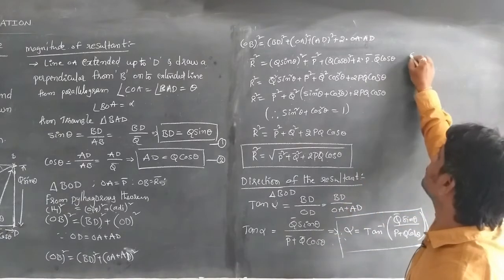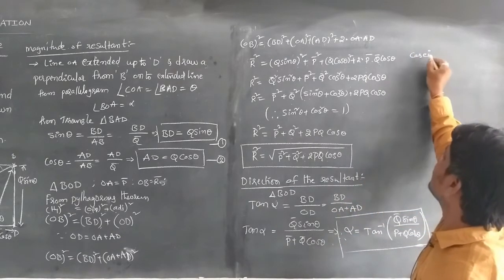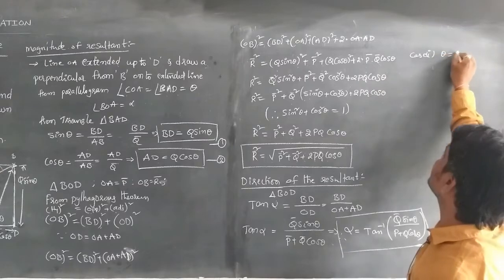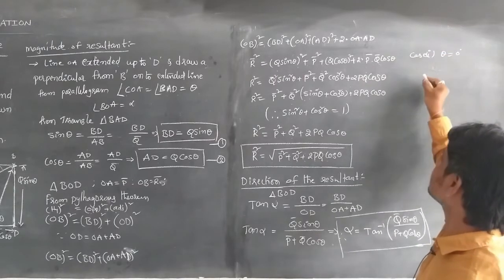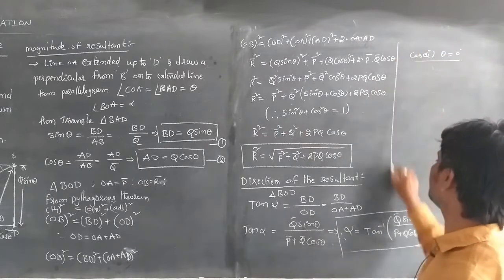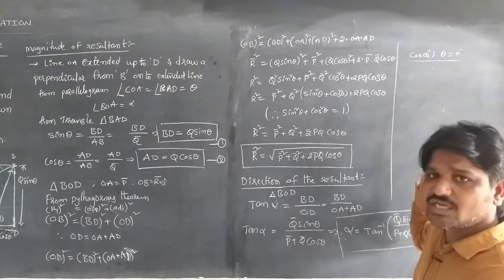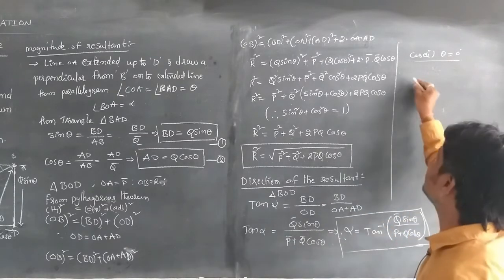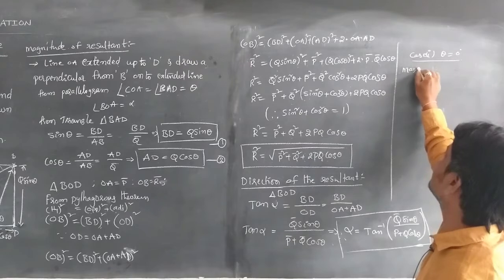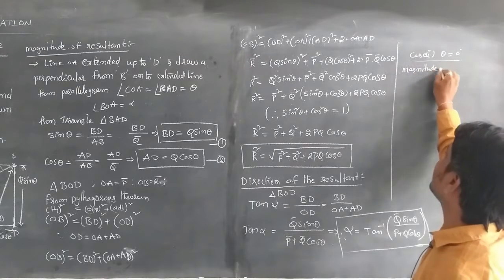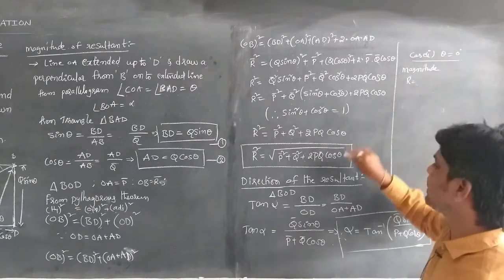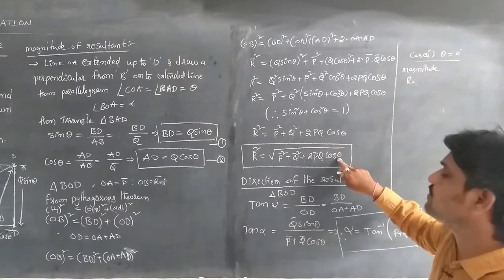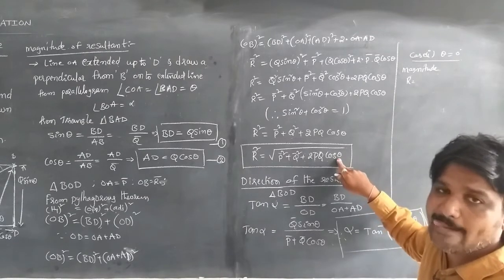Case 1: if theta is equal to 0 degrees, then we get the magnitude R by applying theta equal to 0 degrees. We know that cos 0 is equal to 1.